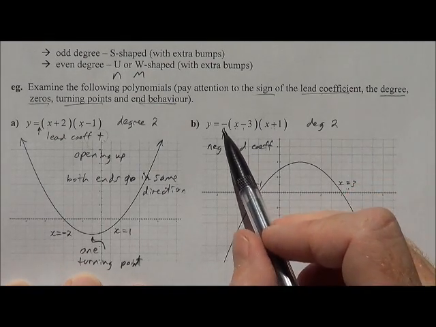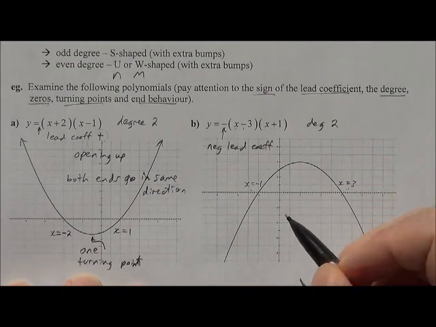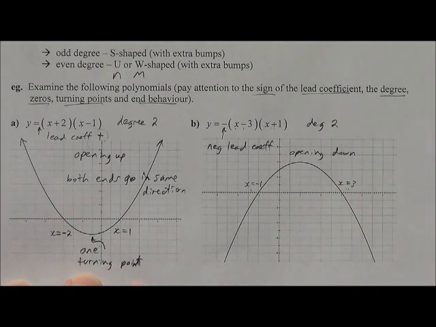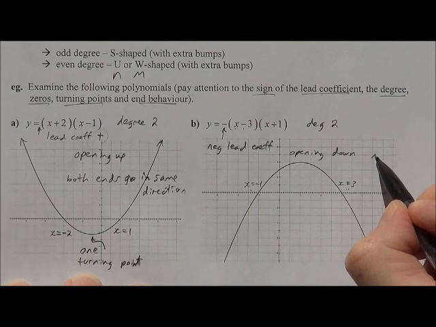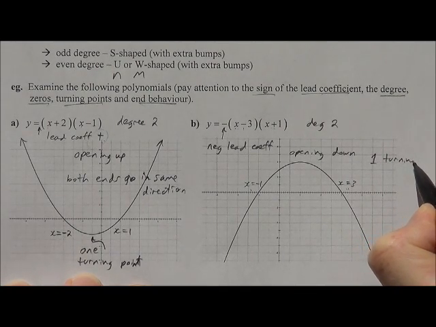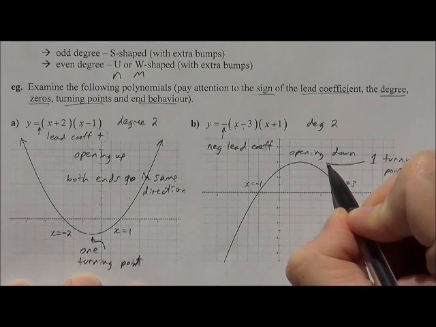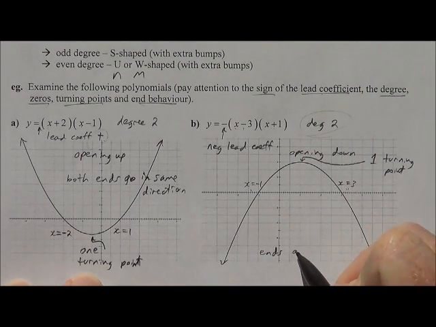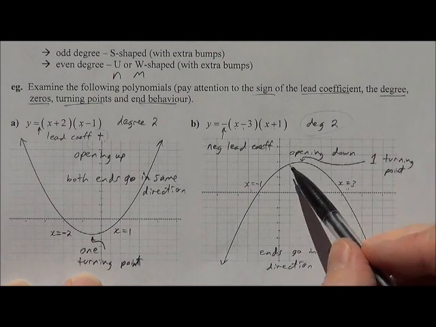With this negative lead coefficient, the parabola is opening down, and we have one turning point, right there. The ends are going in the same direction because it's degree 2, and they're going towards negative infinity because it's opening down.